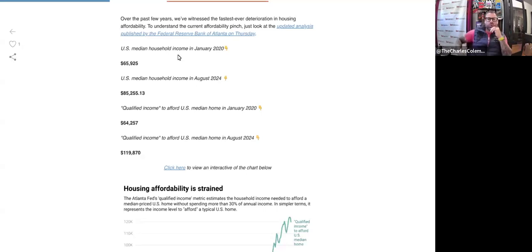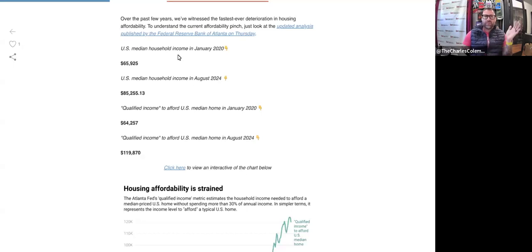So here we go. We're looking at 2020 data. It says US median home price. Cool. We have to keep in mind that with median, they go through and look at the most expensive home versus the cheapest home, and they just whittle it down. Well, that median home price was $65,000 in 2020. Then we fast forward to 2024, and this is looking at August, so we are putting a couple months in between a lot of different things, but it's $85,000.